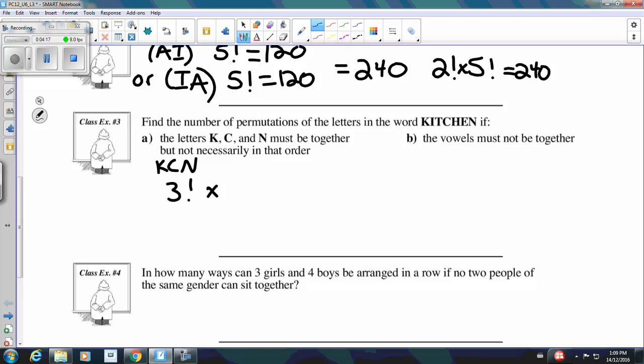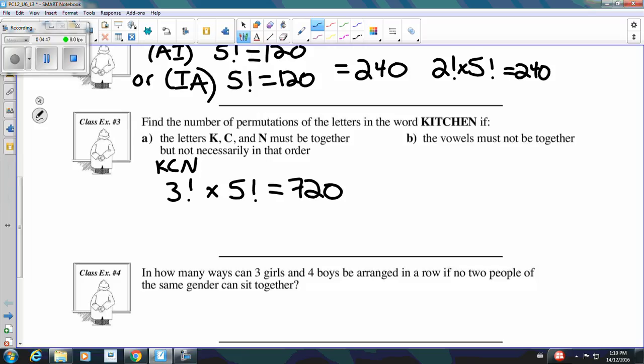Now, K, C, and N are grouped together, along with the letters I, T, H, and E, so I have 5 things in total to arrange. So that's my group of K, C, and N plus the other letters gives me 5 things I'm putting in an arrangement, which equals 720.